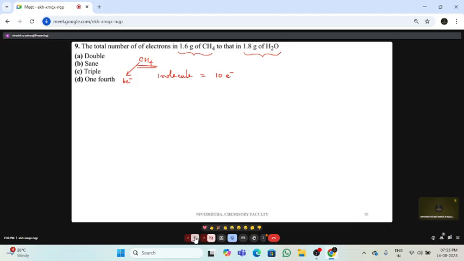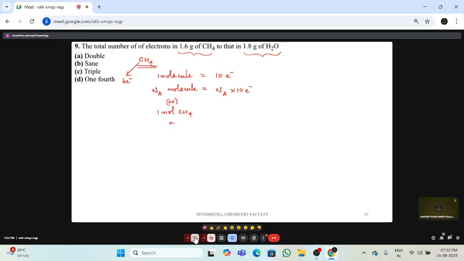Okay. So an Avogadro number of molecules, Na is nothing but Avogadro number. In Avogadro number of molecules, how many electrons are there? Avogadro number into 10 electrons, right? So what is Avogadro number of molecules? It is 1 mole of methane, right?